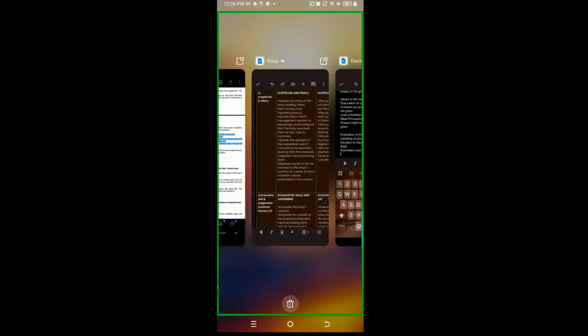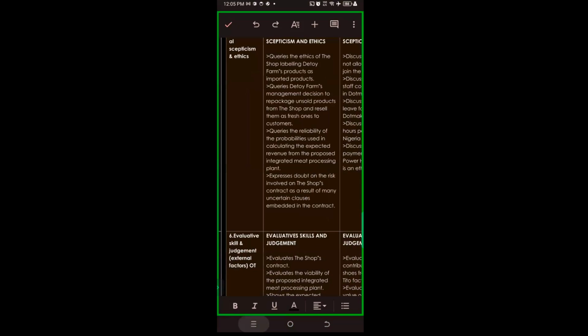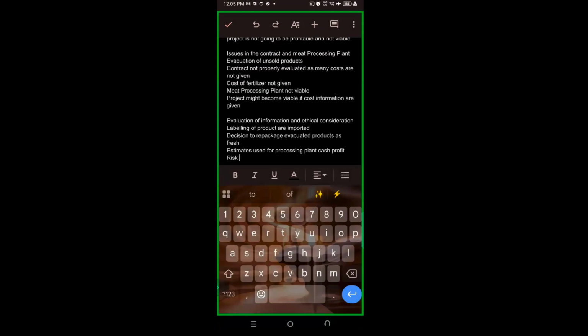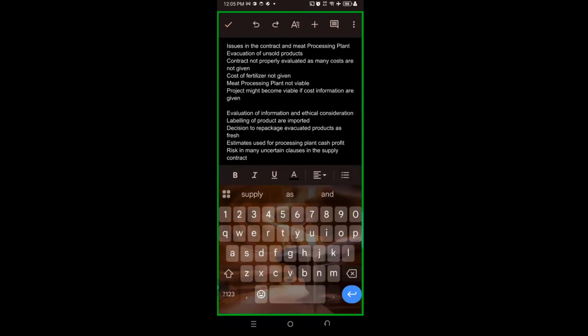And risk involved. Risk in many uncertain clauses. Many uncertain clauses in the supply contract. Right? Those are so you identify these issues.